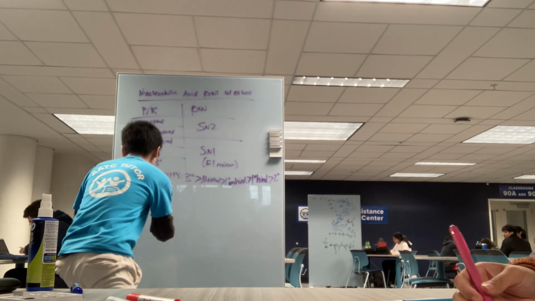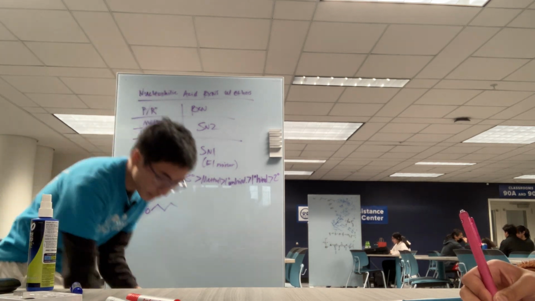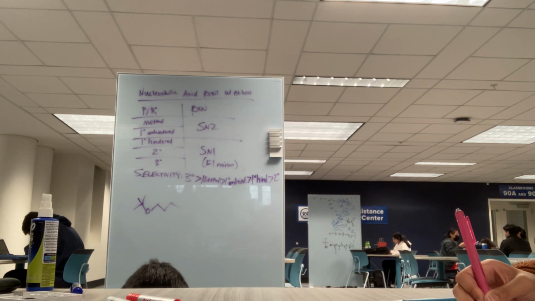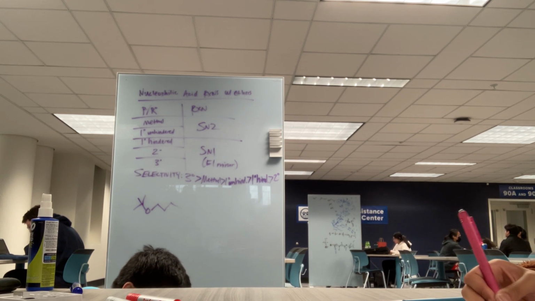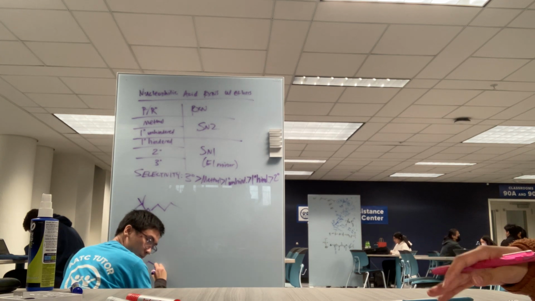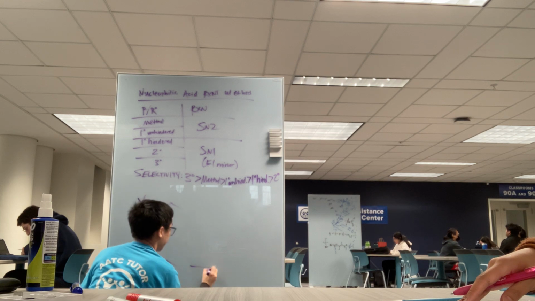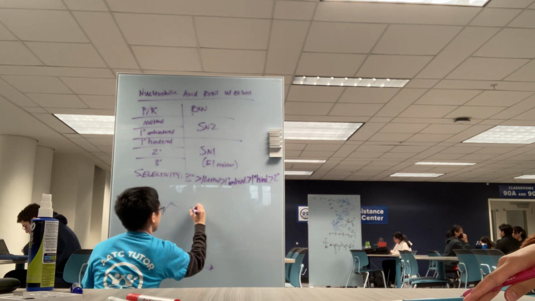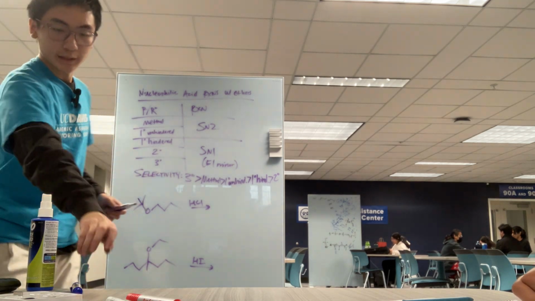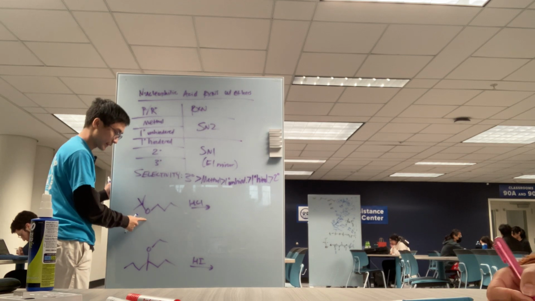Okay, so if we have this ether here, and let me give you another one, this ether here. The first thing you would do is identify what the R groups are attached to this ether oxygen.